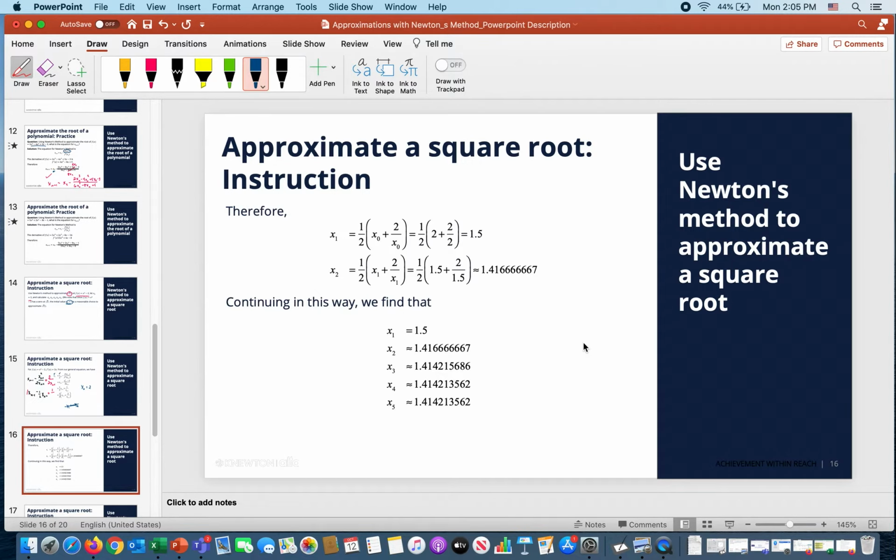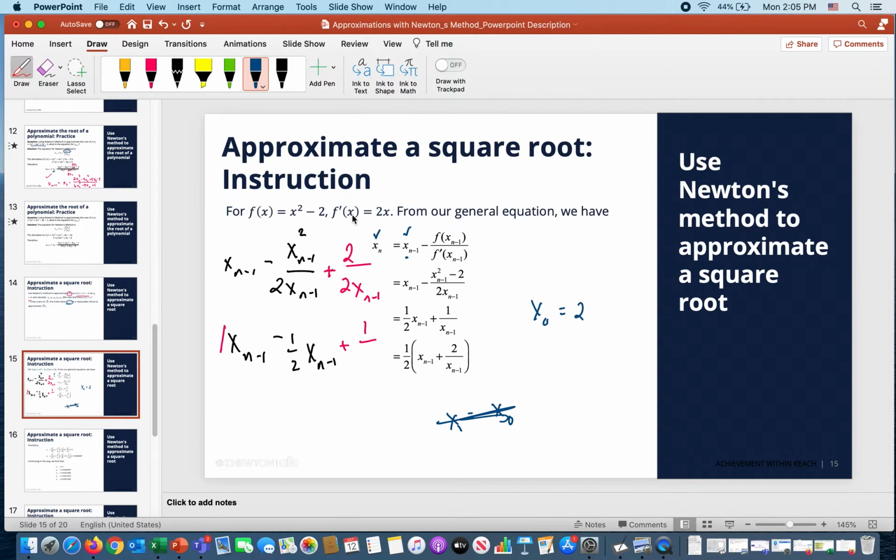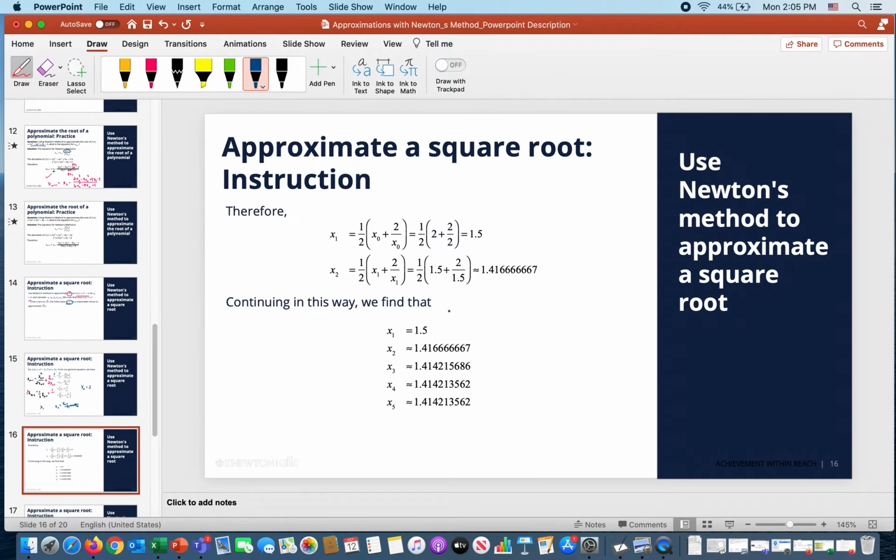So 1/2 times x sub 0 plus 2 over x sub 0. And again, we're getting those because if we look at x sub 1, then x sub 0 is the x sub n minus 1, right? 1 minus 1 is 0. Notice that we plug in 2 for those x sub 0s. 2 over 2 is 1. 1 plus 2 is 3. And this would turn into 3 over 2 or 1.5.